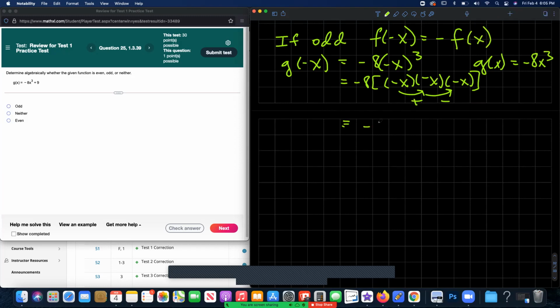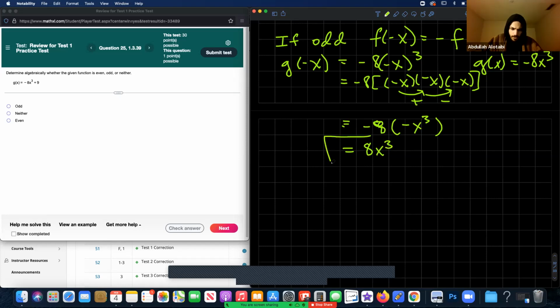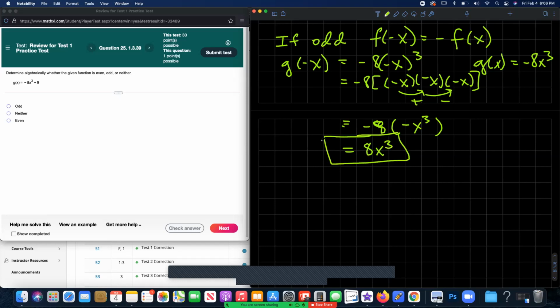So it's -8 times negative x cubed. These two negatives cancel, and you end up with 8x cubed. So you can see that this is the positive version of the original. The numbers are the exact same, the only thing that's changed is this is now positive. So therefore, this is odd.